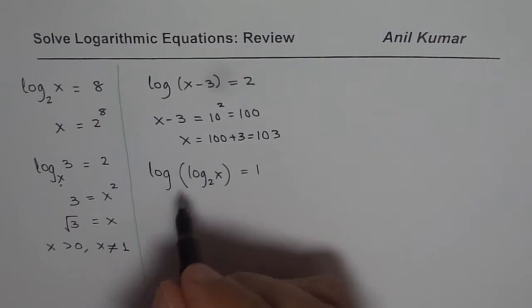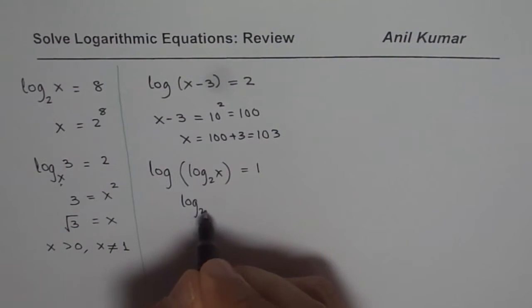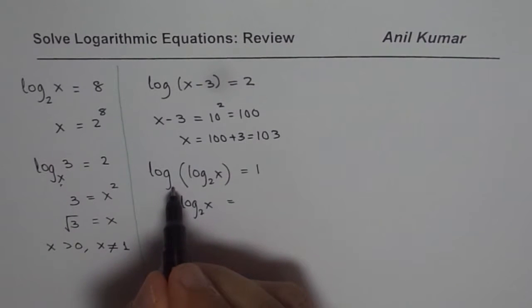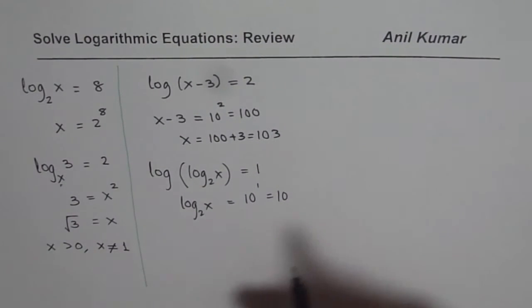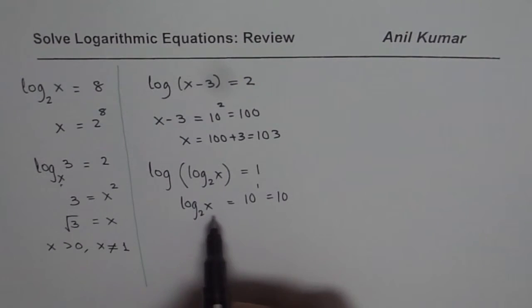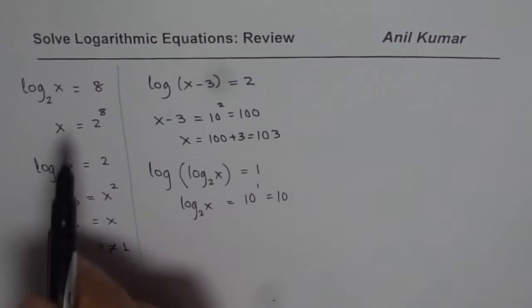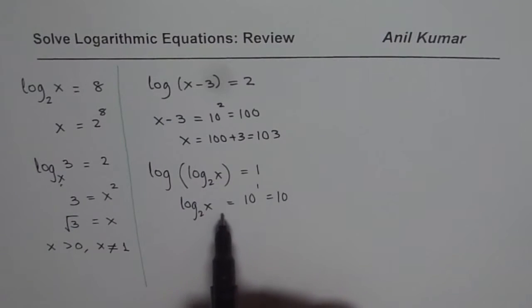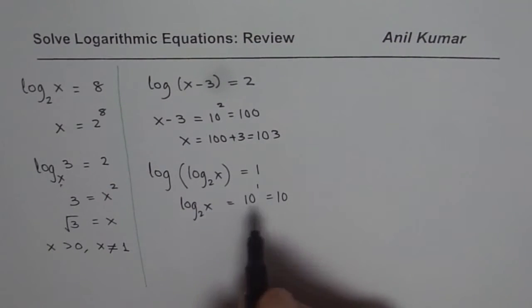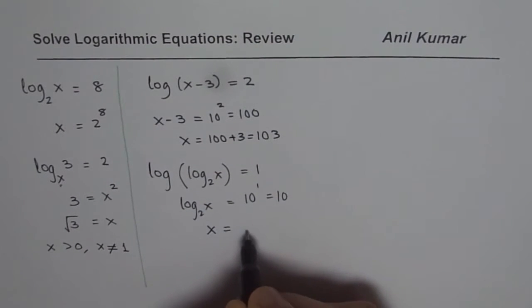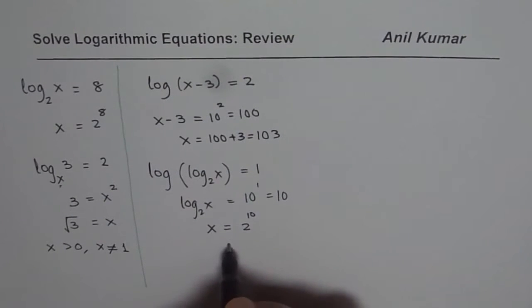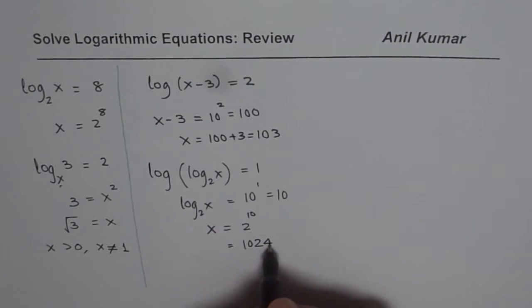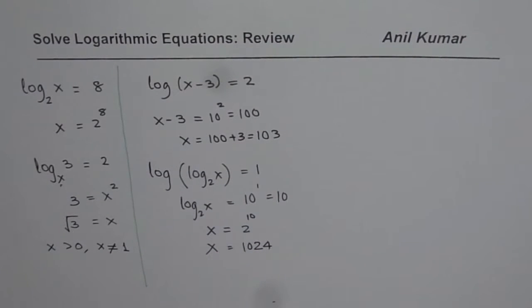So log base 2 of x is equal to, what is the base here? 10. 10 to the power of 1, which is 10, correct? Now at this stage, we need to find x. We'll again apply the same exponential conversion. So x is equal to 2 to the power of 10, which is 1024, and that is our answer for this particular equation.